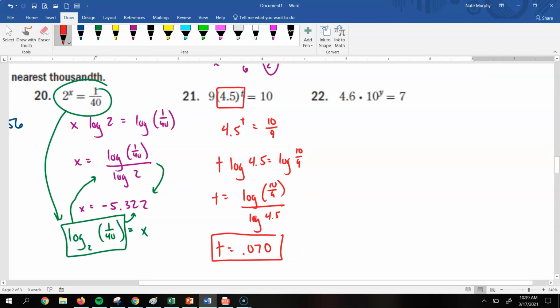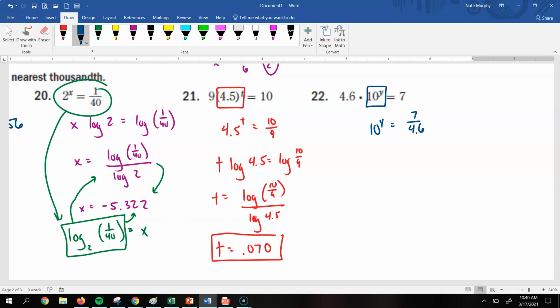All right, let's look at this last one. For the last one, just like the one that we just did, we need to get the base by itself. If the base is not by itself, we need to make sure we do that. So this would be 10 to the y equals, and we'll just leave this as, to be more precise, 7 divided by 4.6. All right, so now when I go to solve this one, watch what happens.